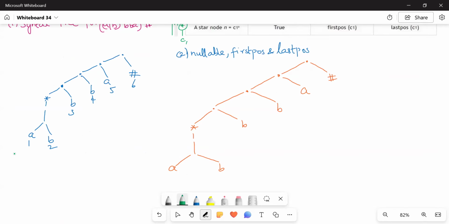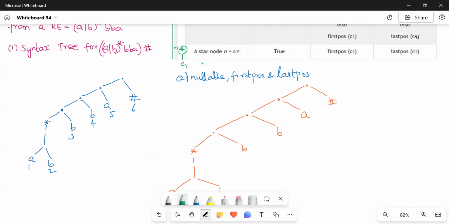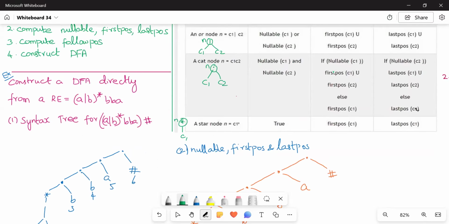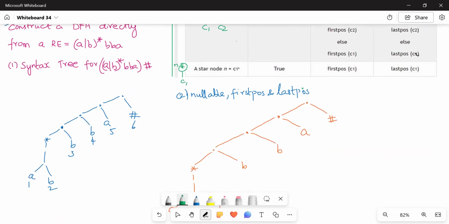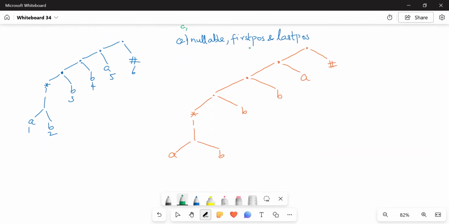In this step, we mark all the first positions and last positions. Nullable is used whenever we find first position and last position of a cat node. We record first position and last position for all the nodes. First position is marked on the left side of the symbol, and last position on the right side.